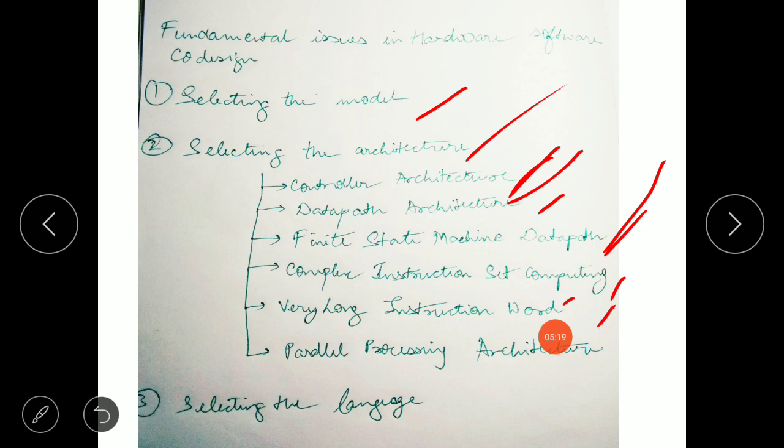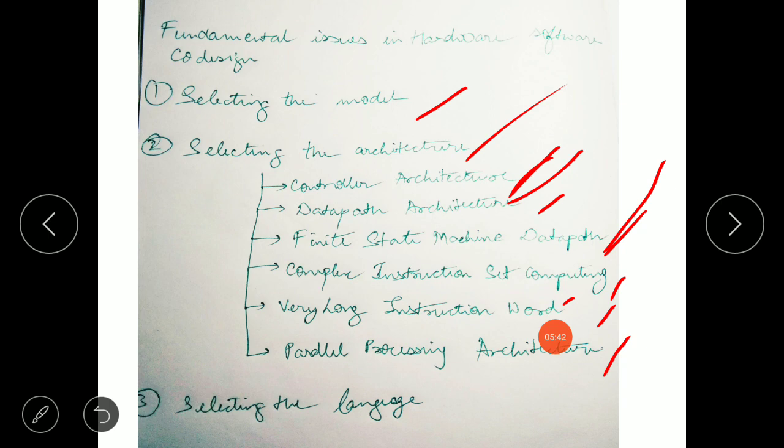It implements multiple functional units, that is ALUs, multipliers, etc., in the data path. Next is parallel processing architecture. It implements multiple concurrent processing elements, and each processing element may be associated with a data path containing registers and local memory.